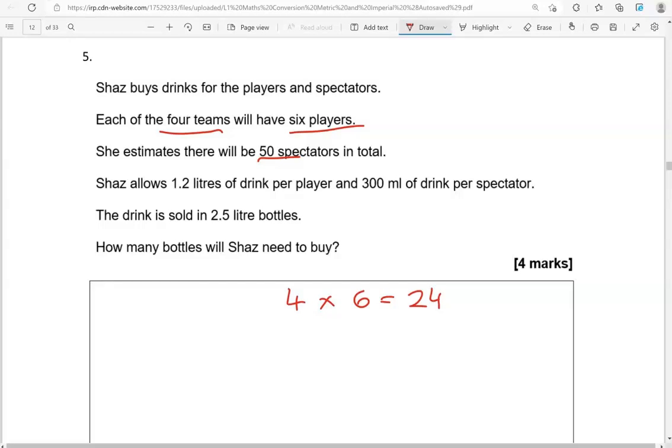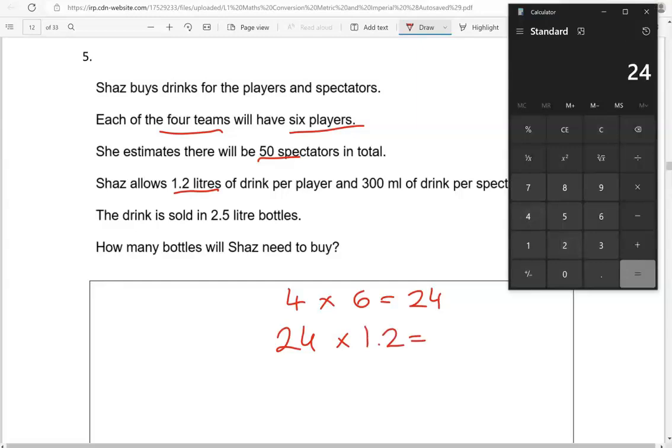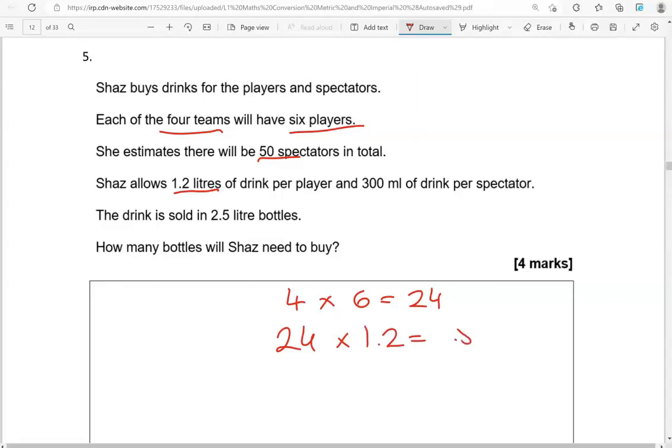So there are 24 players and she's allowing 1.2 litres per player. So we'll do 24 times 1.2, which is 28.8 litres. We have 50 spectators with 300 millilitres each.